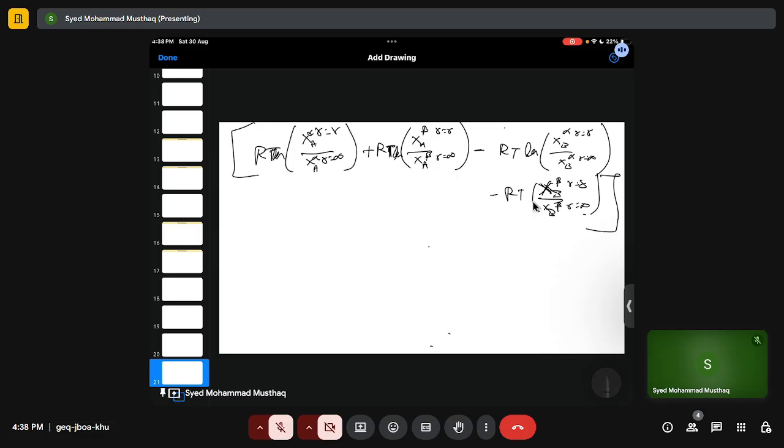For example, if we are considering a dual phase where alpha is very lean, and say this is my phase diagram, this is my alpha phase, this is my beta phase.